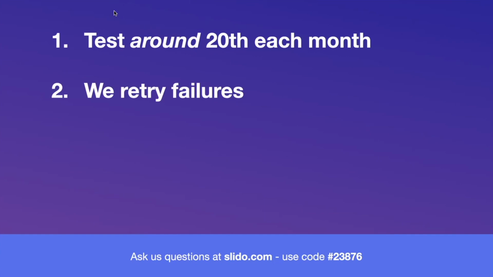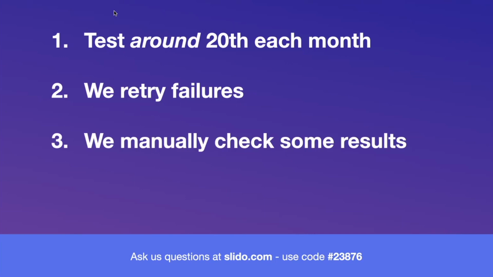We will experience typically at least a few websites that failed to test, usually because those websites were down at the time. For example, they were being serviced, or they, I don't know, had something like Cloudflare, which tried to block us, that kind of thing. And we retry those automatically, but they may end up running a day or two later than that. And then we manually check a sample of the results that we get back.